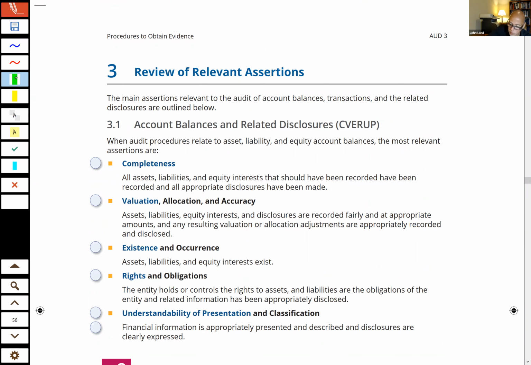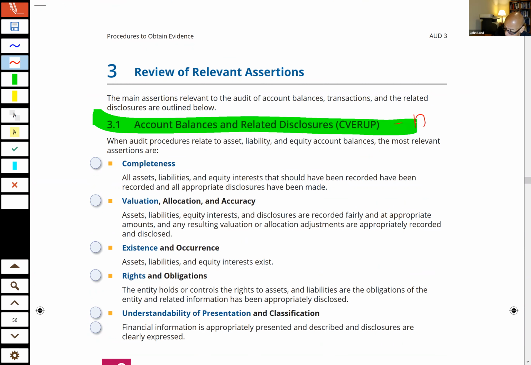So what happens? We have 3 categories of assertions. Account balances, that's what? That's all years, transactions. We talked about this in an earlier class. That's one word, transactions.